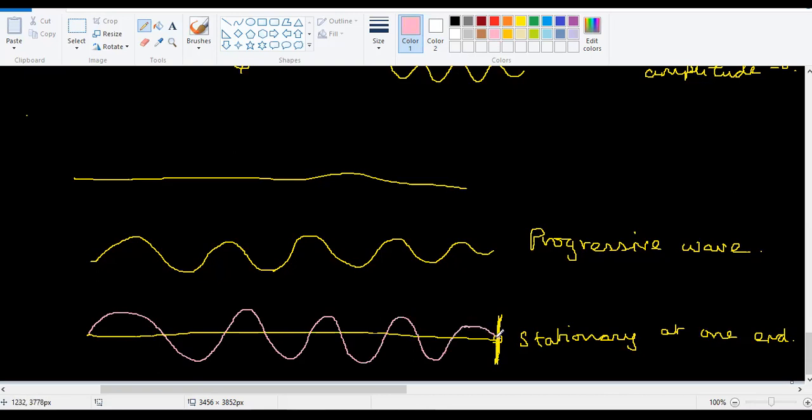As soon as it hits this stationary point, what will happen is, if I throw a ball, what will happen? It will come back in the opposite direction, right? Similarly, the wave also does something very similar. Very hard to imagine, but that's what the wave is also doing. So the wave will be reflected back like this.